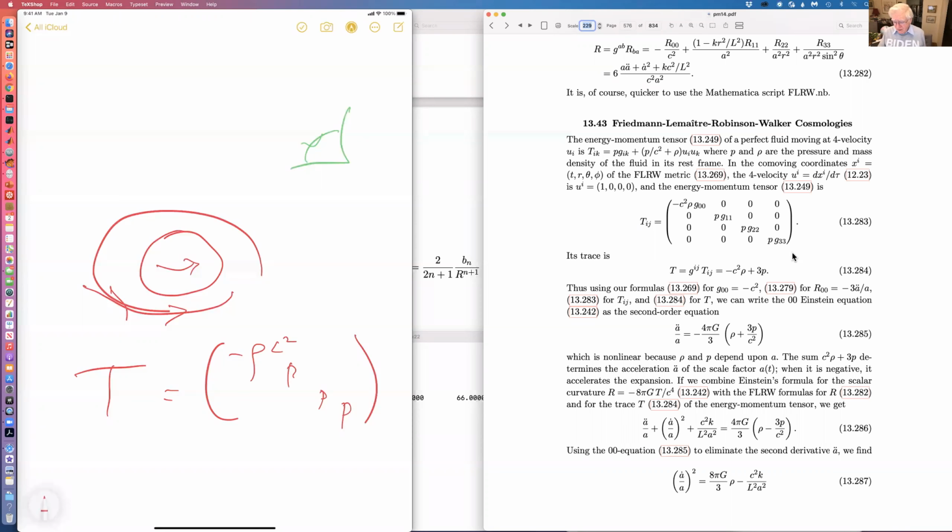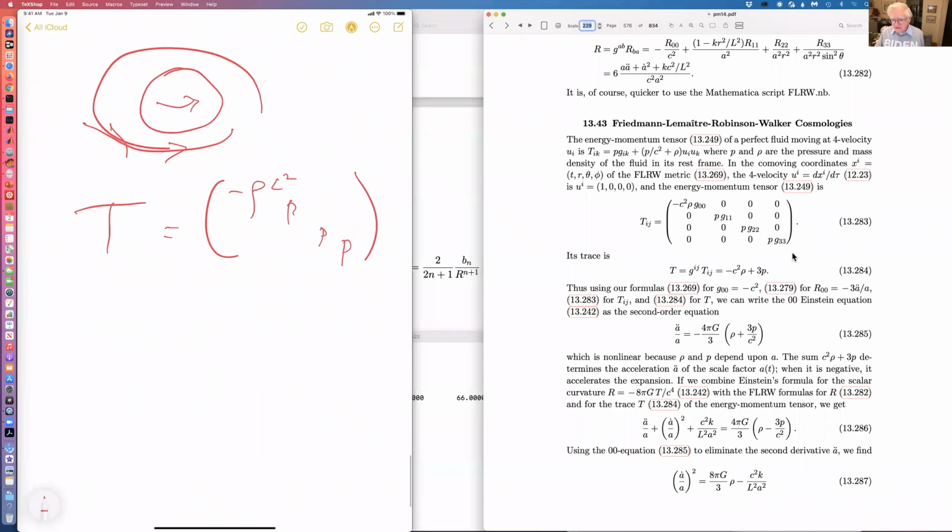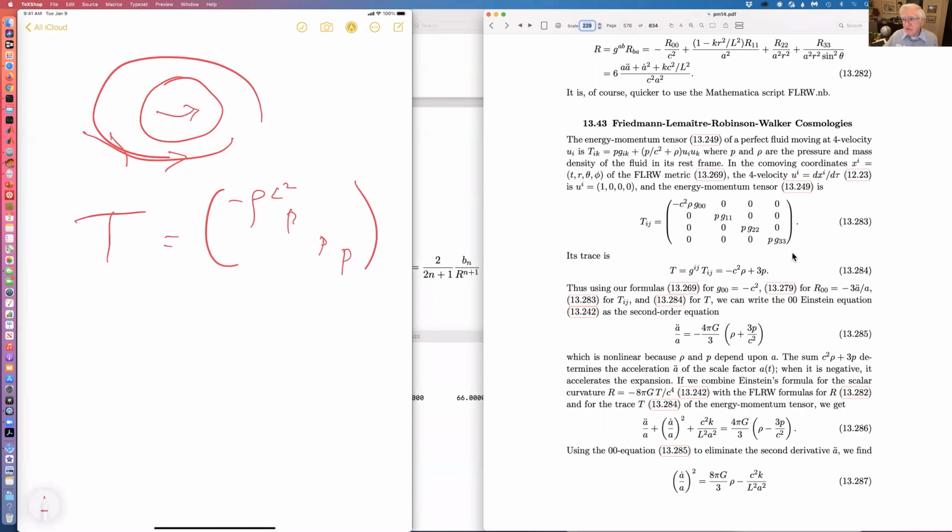And what you then have is the equations that you've seen before. One equation for the scale factor is A double dot over A equals minus 4 pi G over 3 times (rho plus 3P over c squared). That's one.